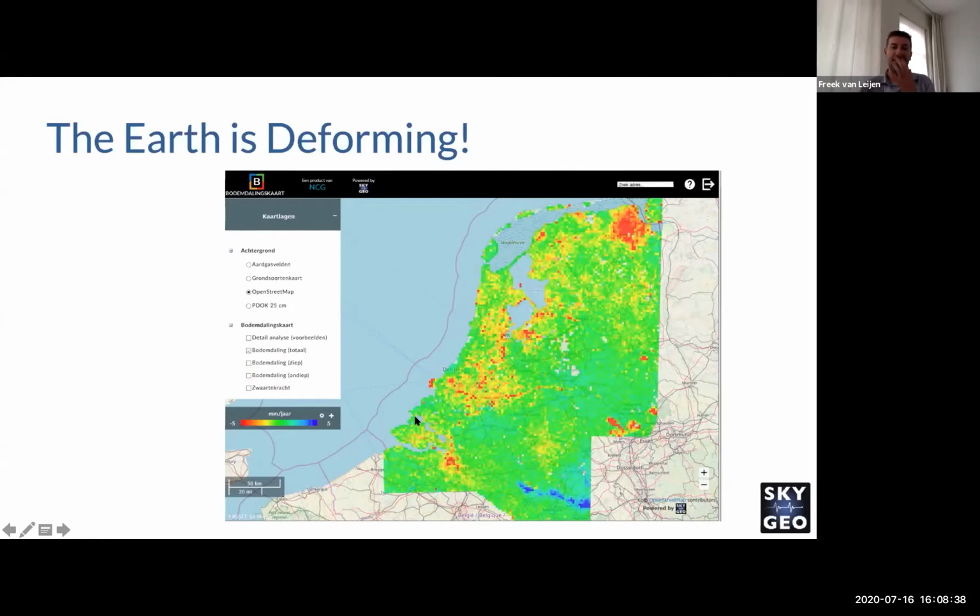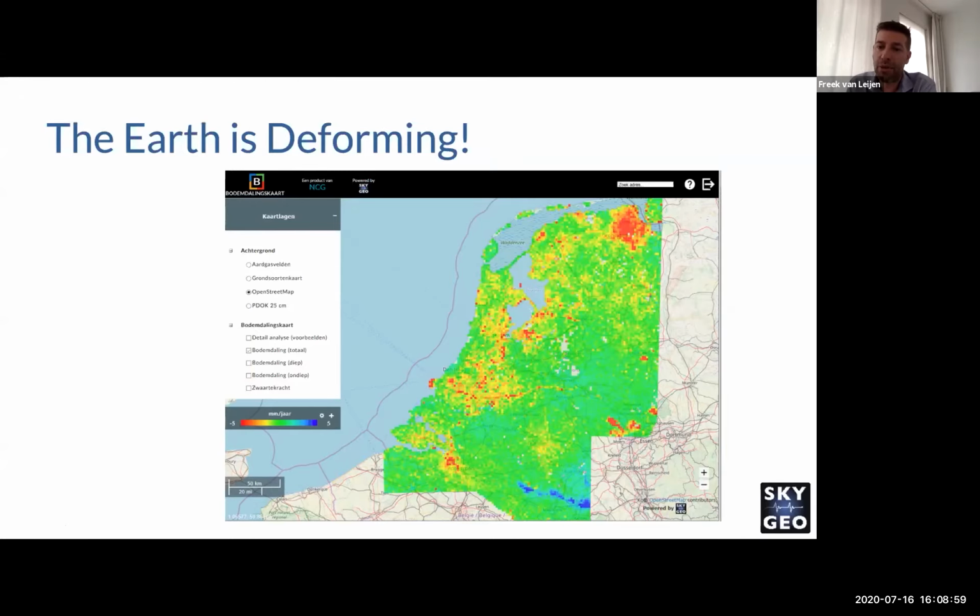Okay, let me start. Actually, I would like to start with the picture you see over here, which is a map of the Netherlands, the country where one of the offices of SkyGeo is situated. What you see in this image is the surface motion expressed in millimeters per year.